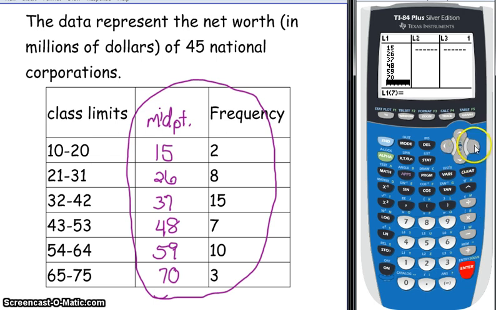And then we're going to arrow to the right and type in the frequency under list 2. This is how many of those values occurred in each interval. So we're typing in 2, 8, 15, 7, 10, and 3.